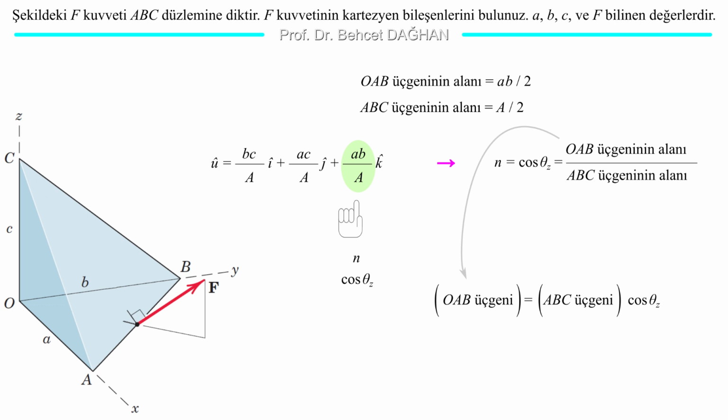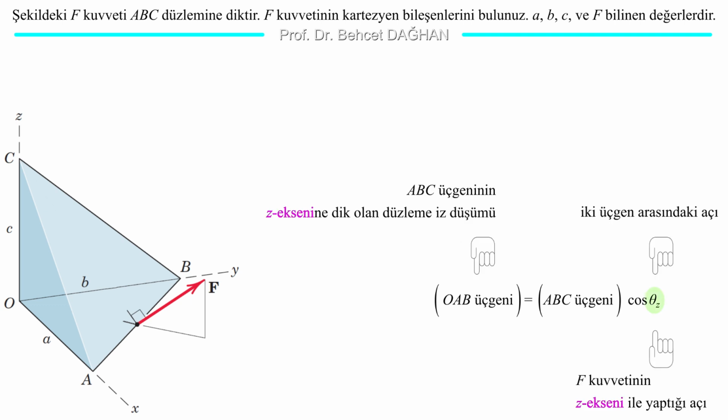What does this result mean? Let's see. We can say that triangle OAB is the projection of triangle ABC onto the plane perpendicular to the z-axis, as we see. Because we find triangle OAB by multiplying triangle ABC by the cosine of the angle between them. We know that we can find the projection of any line segment onto any direction by multiplying it by the cosine of the angle between them.